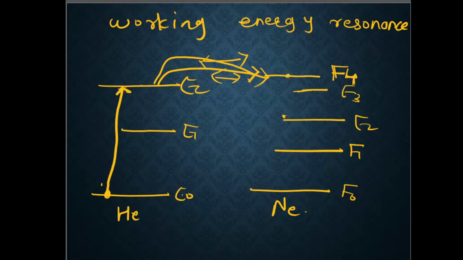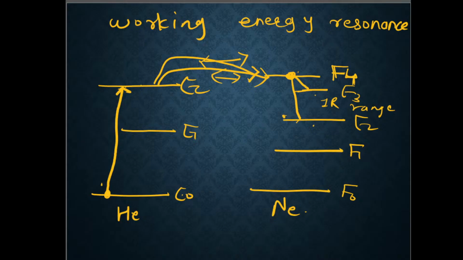Whenever the neon atom is in the F4 state, it will transit to F3 or F2 with a radiation-less or visible IR range light, coming from F4 to F3 or F2.